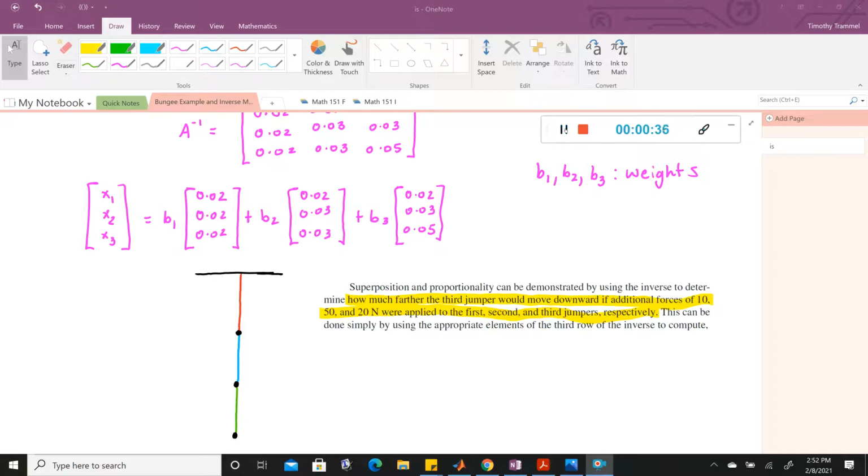So all we'd have to really think about here, and let's maybe call it delta x3. Let's go ahead and write that down, delta x3.